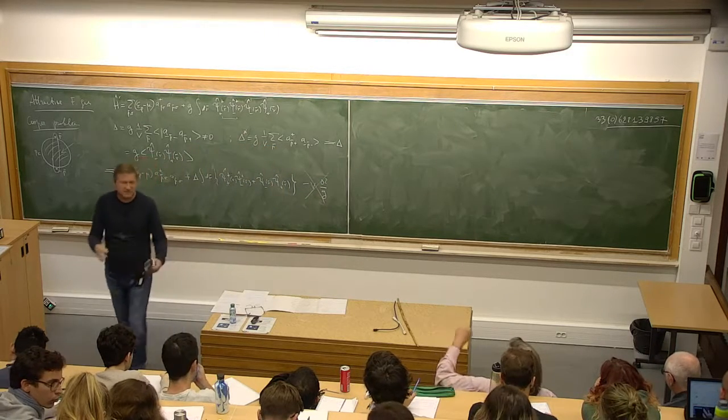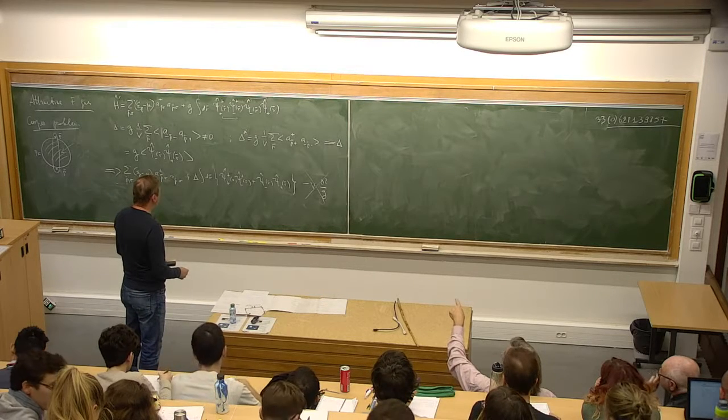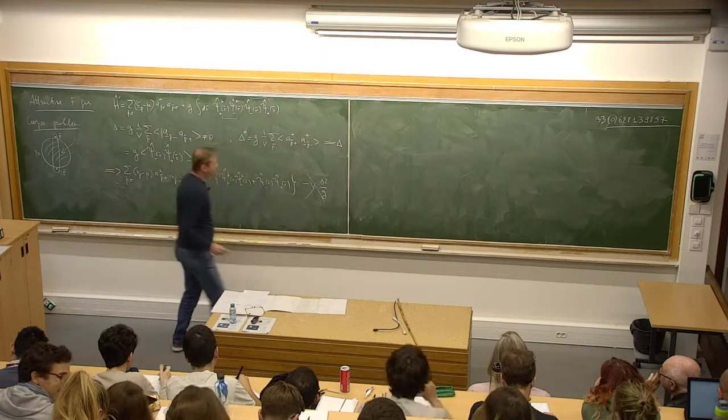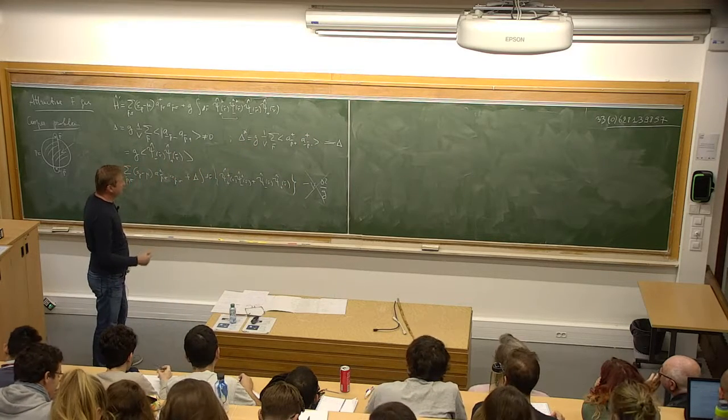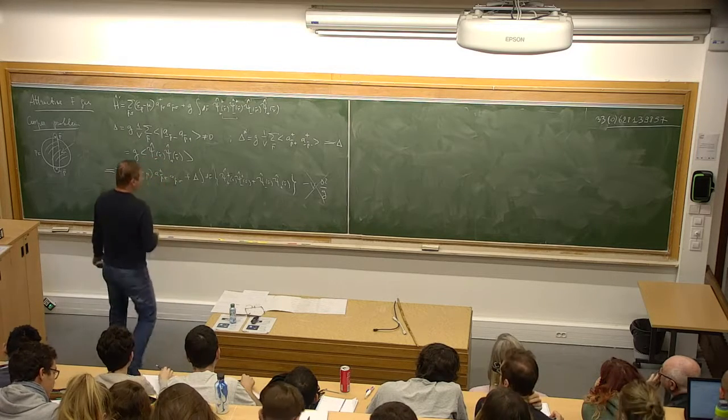Delta star is a dagger, sorry, yes, a dagger. It's the same gauge variant operator. A dagger a is gauge invariant, but this is not.